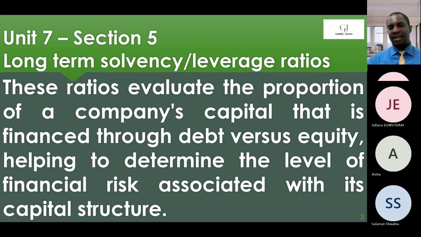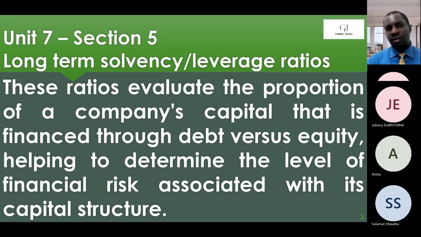Leverage means the balance between equity and debt, and you are leveraging both external and internal financing to balance your capital structure. That's what leverage means. A lever helps you balance something. So you're not having too high debt or too high equity. That synonym is used for long-term solvency, because long-term looks at a year and above, nothing less than a year, while liquidity or short-term solvency looks at a year and below.